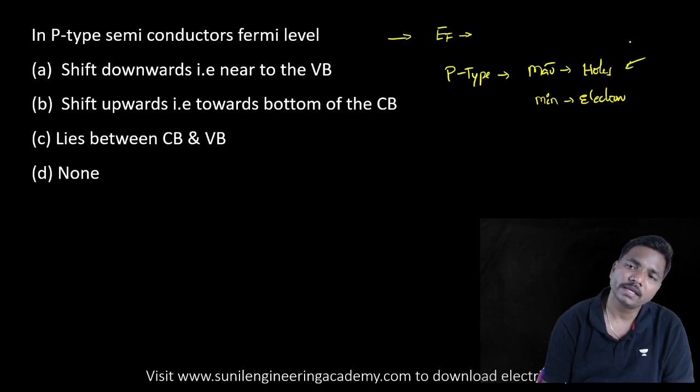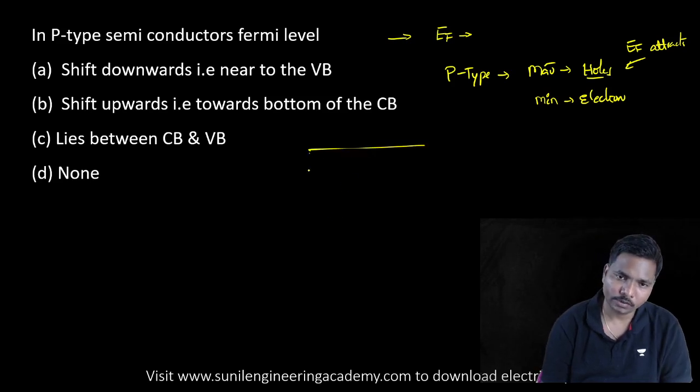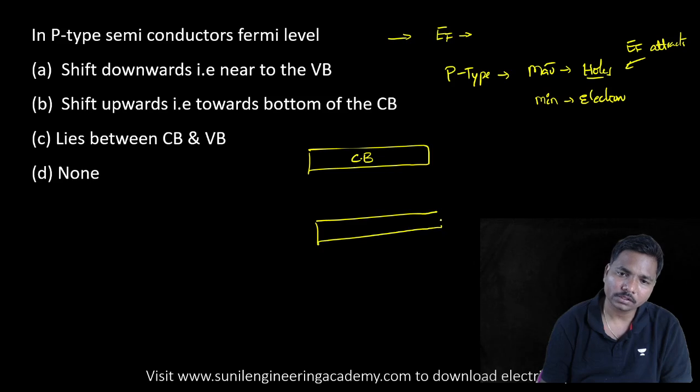So the Fermi level is attracted towards the majority carriers, the holes. Here we have the conduction band and here the valence band. Generally it is in the middle for intrinsic.